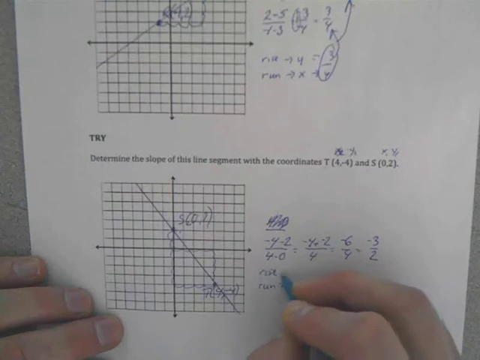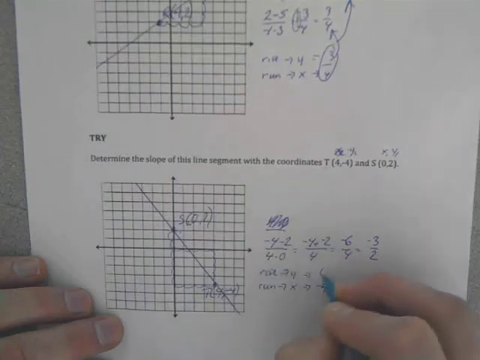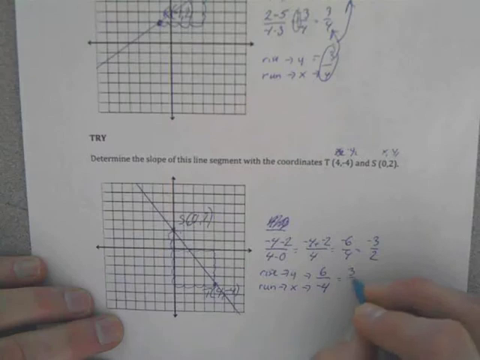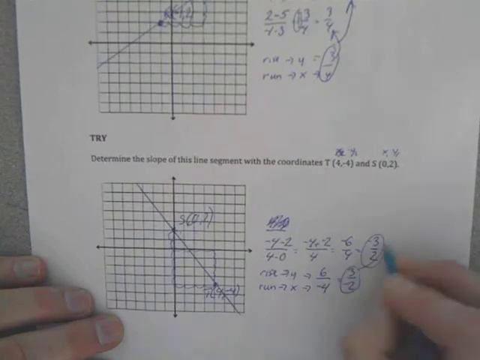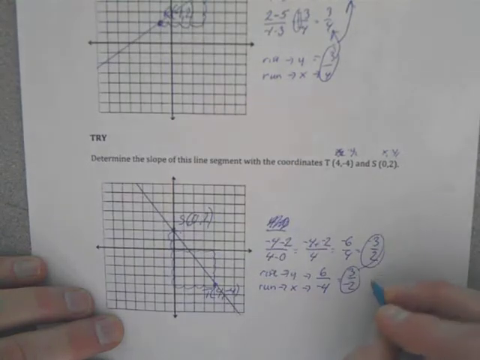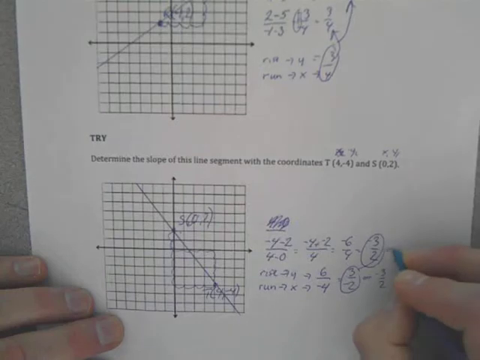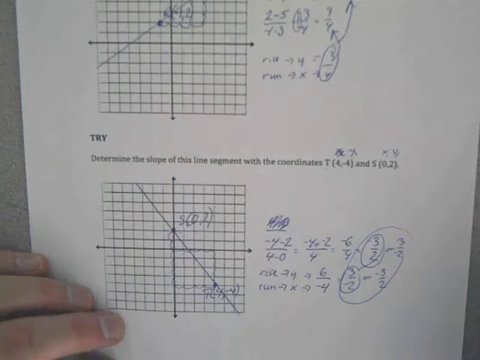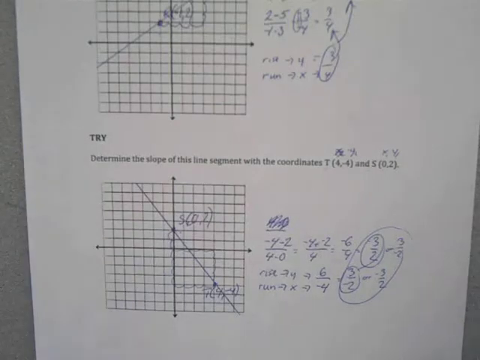So that's my rise, that's my y, and that's 6. So this reduces to 3 over negative 2, and these are the same. So I can write this as negative 3 over 2, and I can write this as 3 over negative 2. So all of them are the same. So there you go for that question.